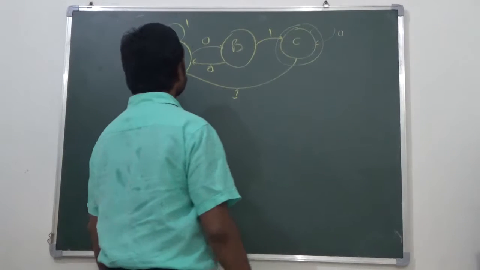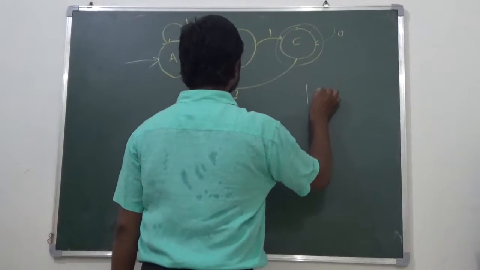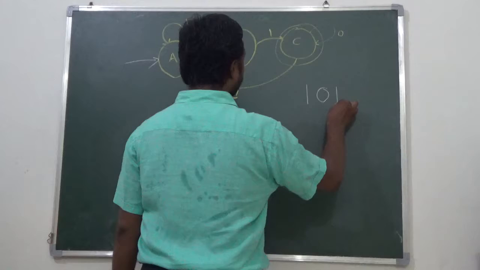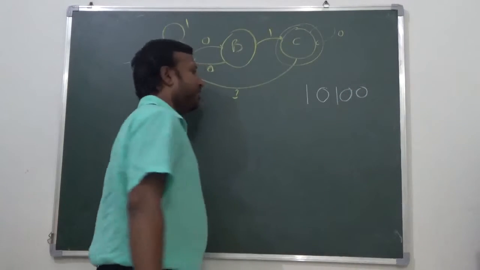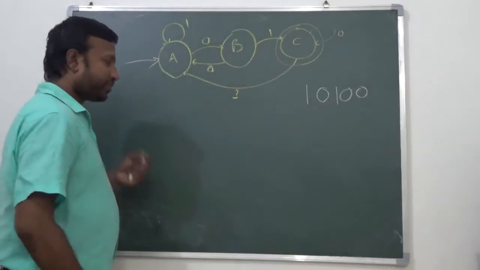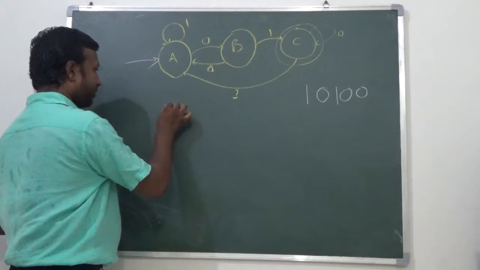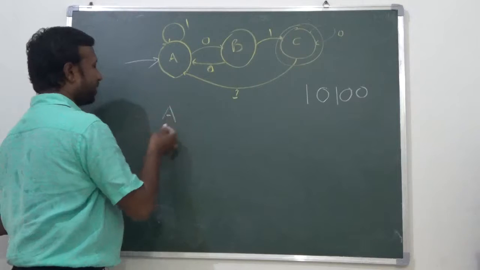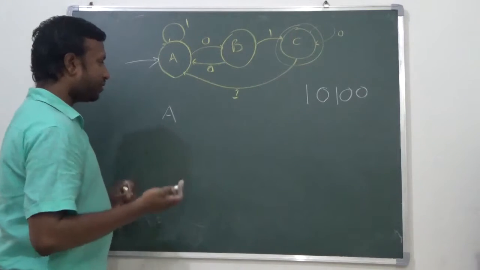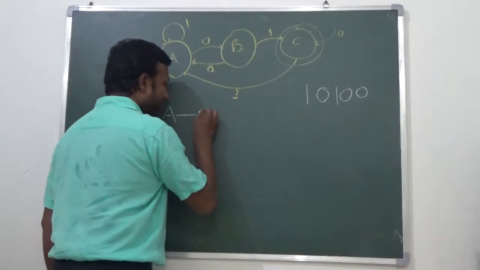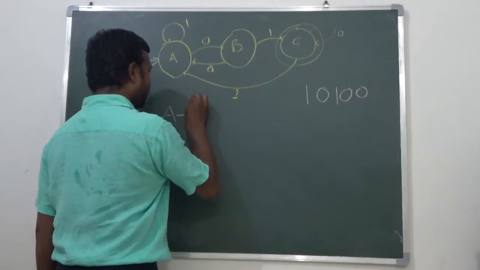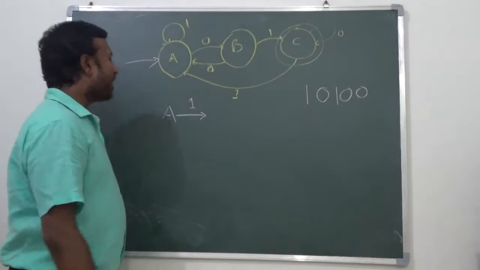So the input to the machine is 1 0 1 0 0. Let us analyze this input. So how will we analyze? We are starting with the state A, because A is the start state, we should start from that. Now by processing this 1, what will happen?